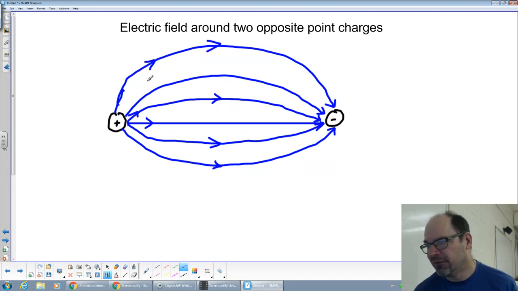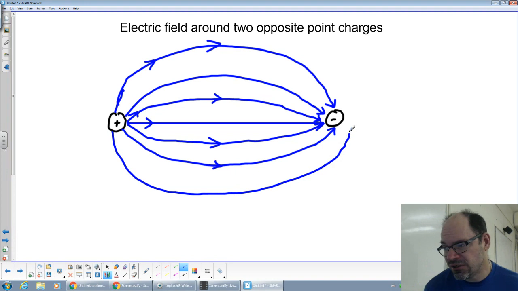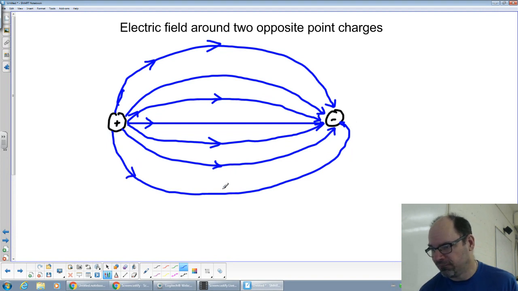Okay. These usually have a little bit more space in between each of them. This one too. And it does that turning in like that as well.